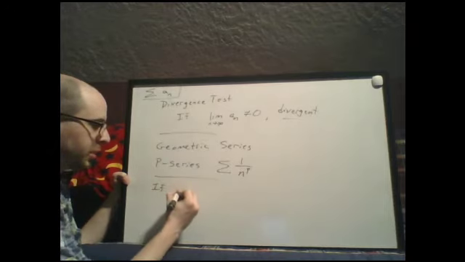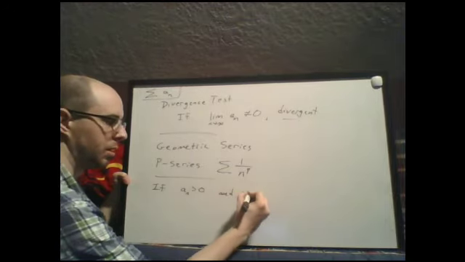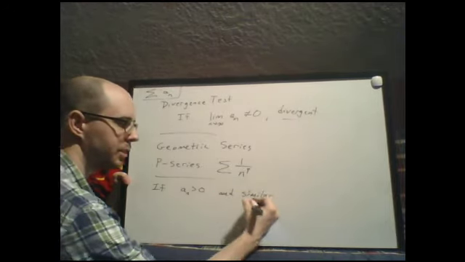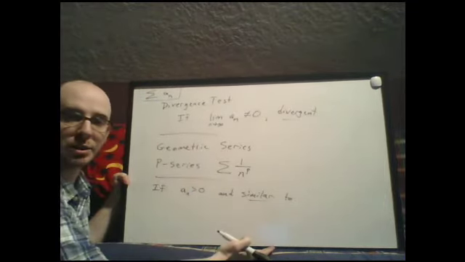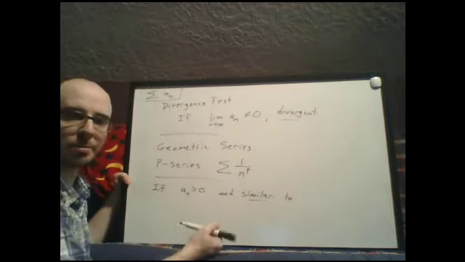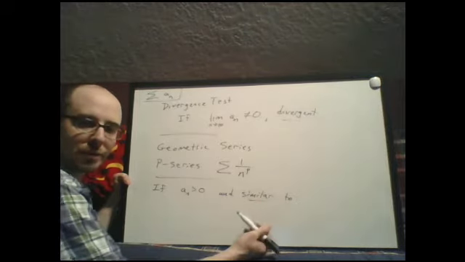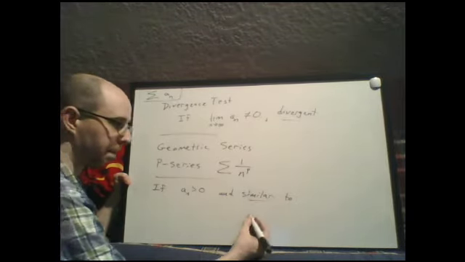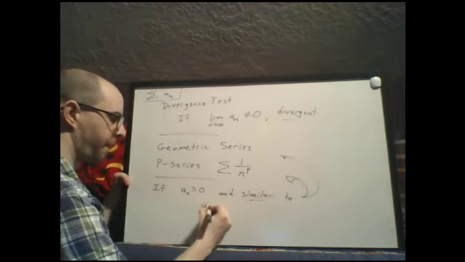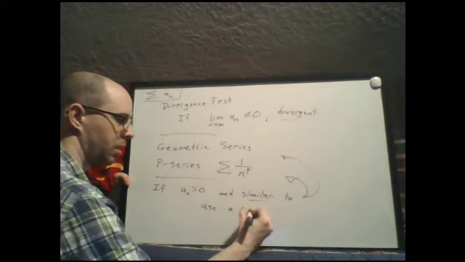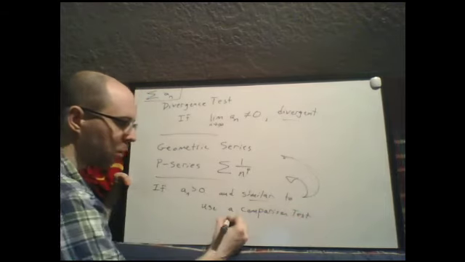If a series is positive, so if the terms are positive and similar to one of these two, so it resembles a geometric series but with some extra terms, or resembles a p series but with some extra stuff in the fraction, so into the p plus some stuff in the denominator, then you can use a comparison test or limit comparison.